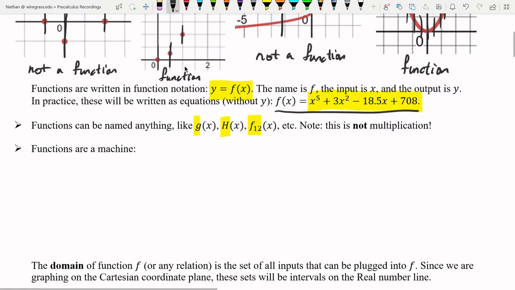But in all of these things, f of x, g of x, h of x, f sub 12 of x, it's important to note this is not multiplication. You're saying the name with the input. It's just a different type of notation.